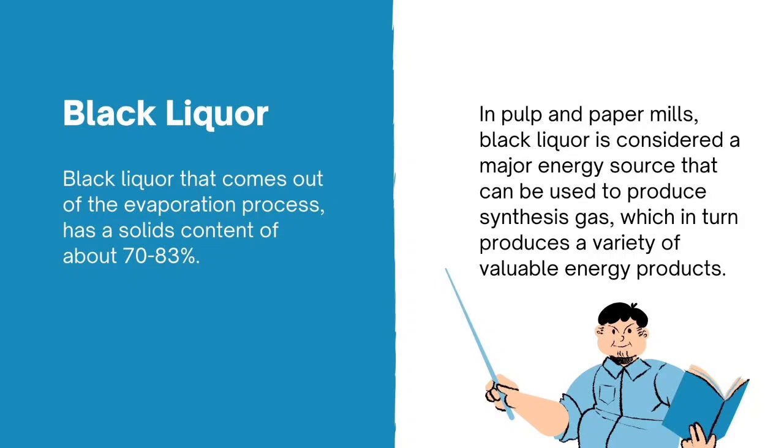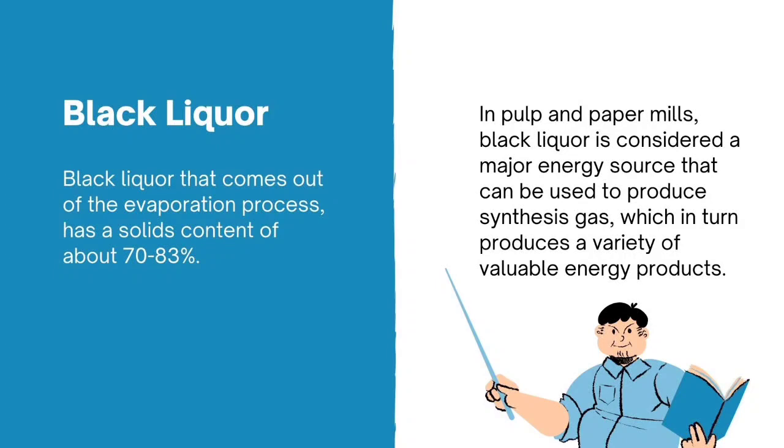A pulp mill produces 1.7 to 1.8 tons of black liquor dry solid per ton of pulp and represents 250 to 500 megawatts of potential energy per mill producing 1,000 to 2,000 tons of pulp per day.